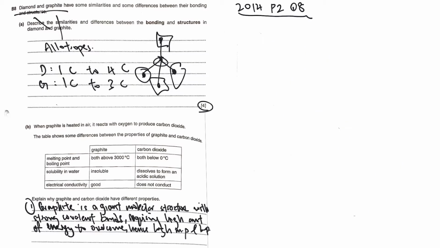Right, so proceeding with this question, we will come to the second point. So we have mentioned that graphite has high melting point and high boiling point. So let us move on to carbon dioxide.